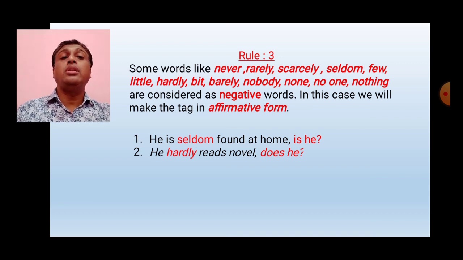So we will write does as the auxiliary verb of this statement. So I have written here does. As hardly is a negative word, we cannot write not in this statement. So I have not written here not. And he is subject and he itself is a pronoun, so I have written he. So the answer of this statement is does he.